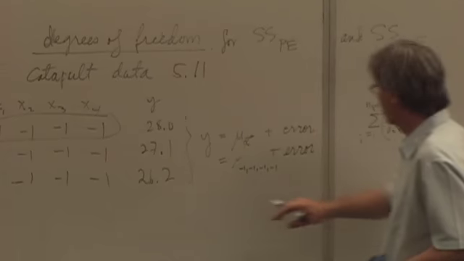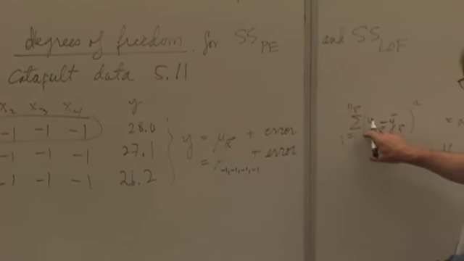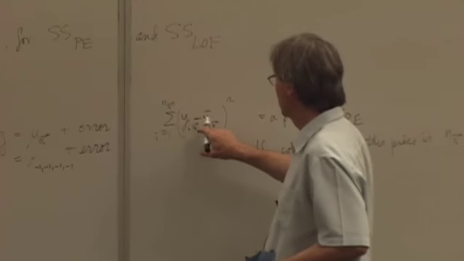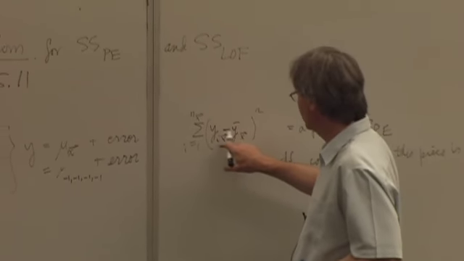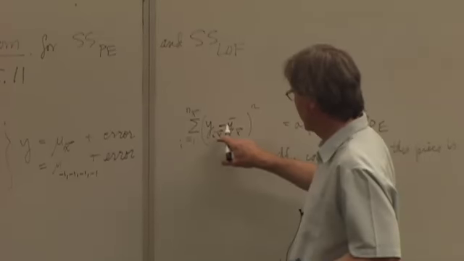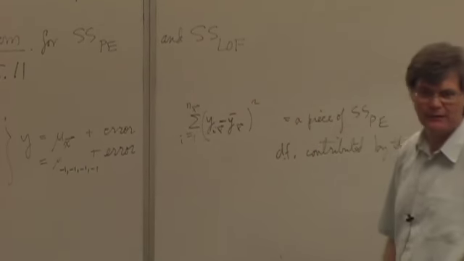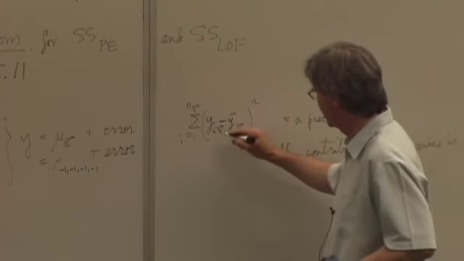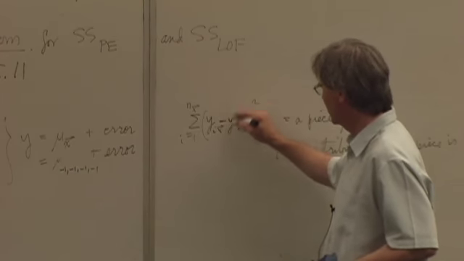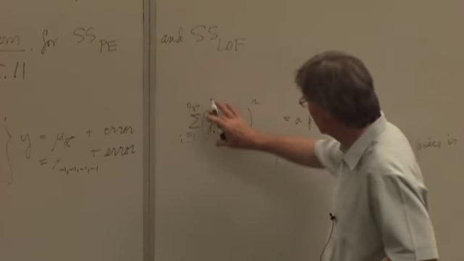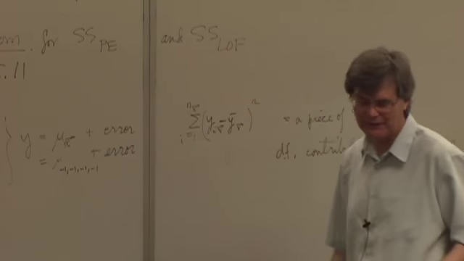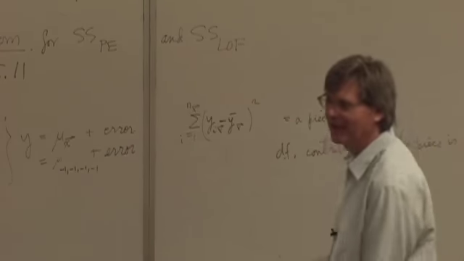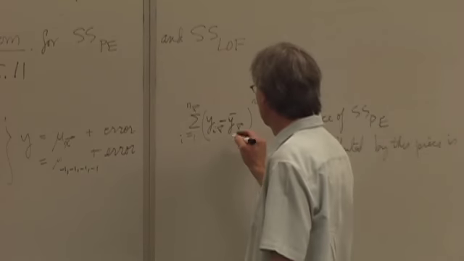But you don't actually have 3 degrees of freedom in this sum of squares, because the differences you're adding here, when added without squaring, come out to 0. So in other words, these 3 random variables are not linearly independent.